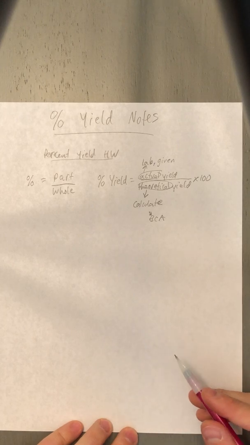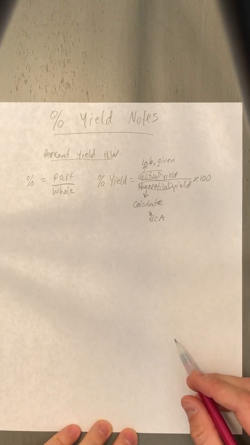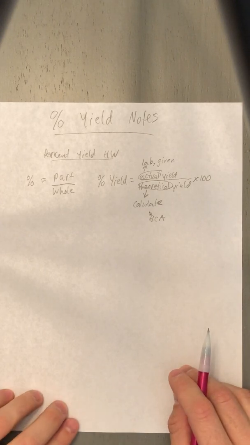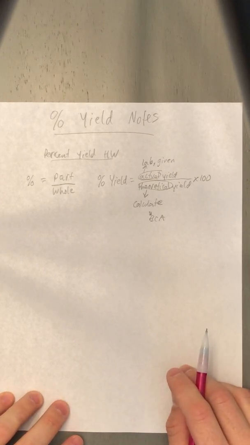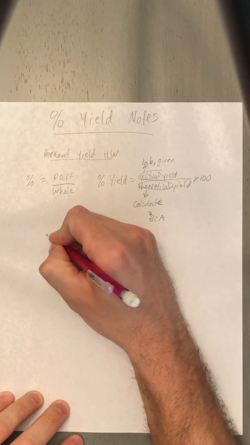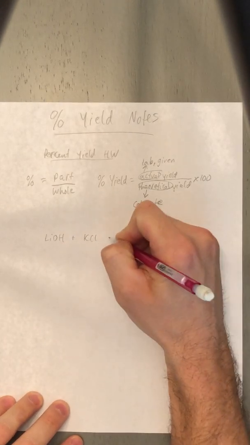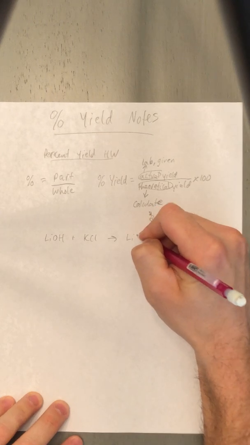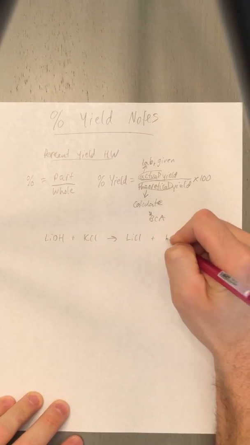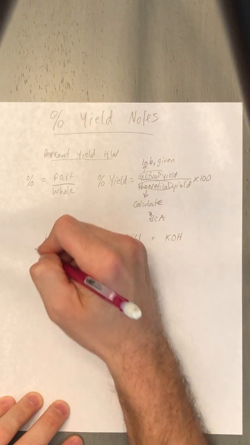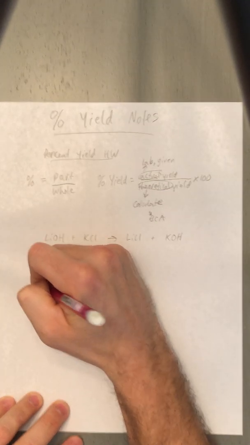So you're looking at number 1 from the worksheet. I began this reaction with 20 grams of lithium hydroxide. What is my theoretical yield of lithium chloride? This breaks it up into A and B. They give us the balanced chemical reaction. You may be looking at this, how do I know I need a BCA table?